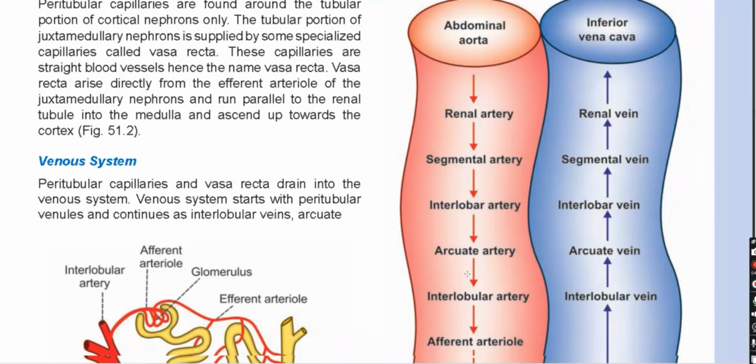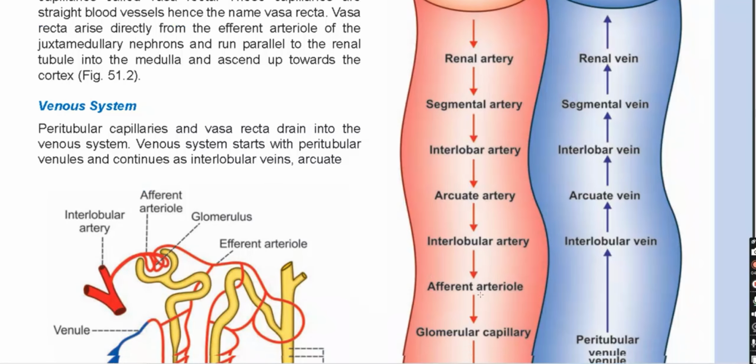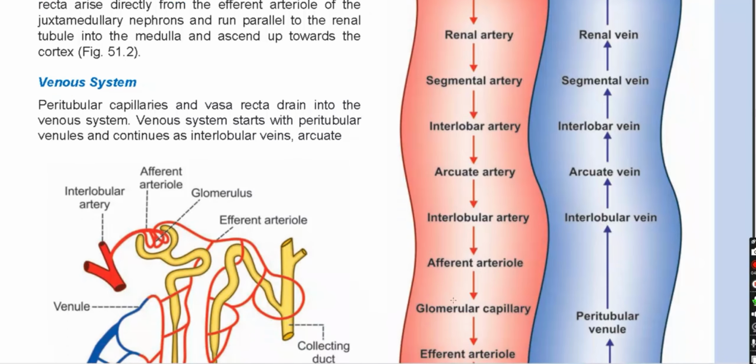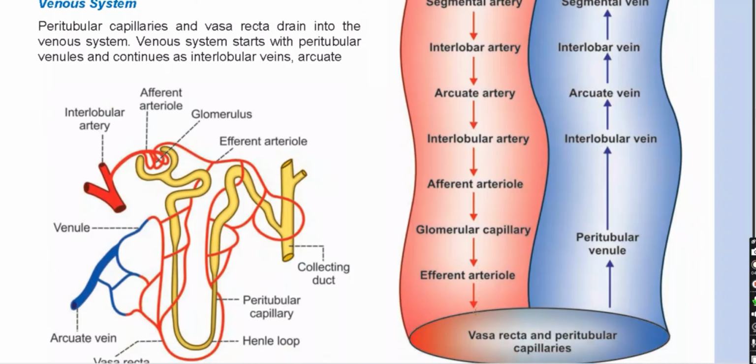From here it comes to the vasa recta and peritubular capillaries. From here the peritubular vein is present. From the peritubular vein, the blood goes to the interlobular vein, then the arcuate vein and interlobar vein, and ultimately the segmental vein and renal vein, and then it goes to the inferior vena cava. In this way, renal blood circulation happens.